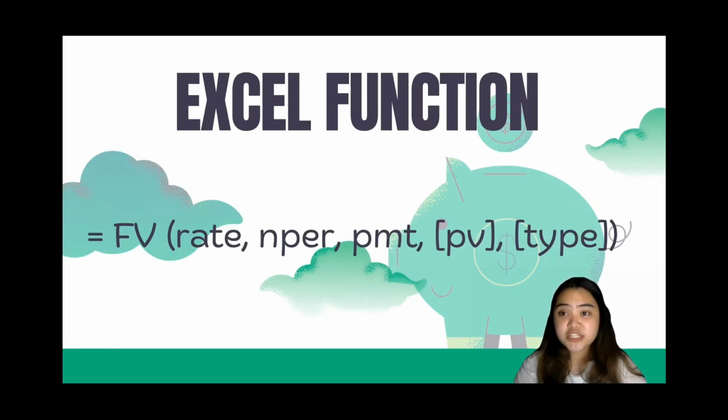And kung cash inflow naman or expected na marireceive natin, the PV should be positive sign. So since alam na ulit natin yung Excel function, mag-move on na tayo sa benefit ng pag-learn ng function or pag-calculate ng ating time value of money sa Excel.